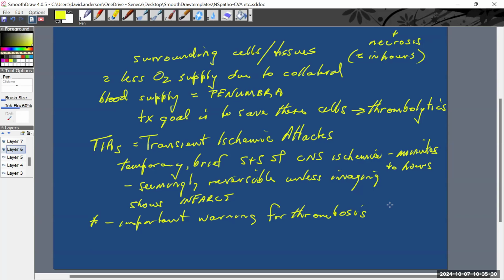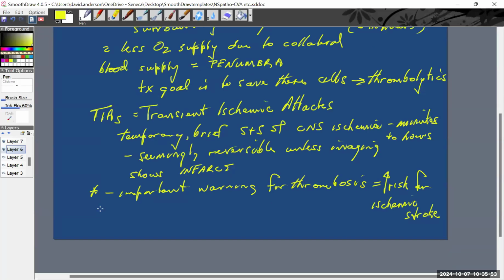So it's an important warning for thrombosis or thrombotic disease and equals an increased risk for ischemic stroke. Now remember, risks are not causes. There's a big differential there.